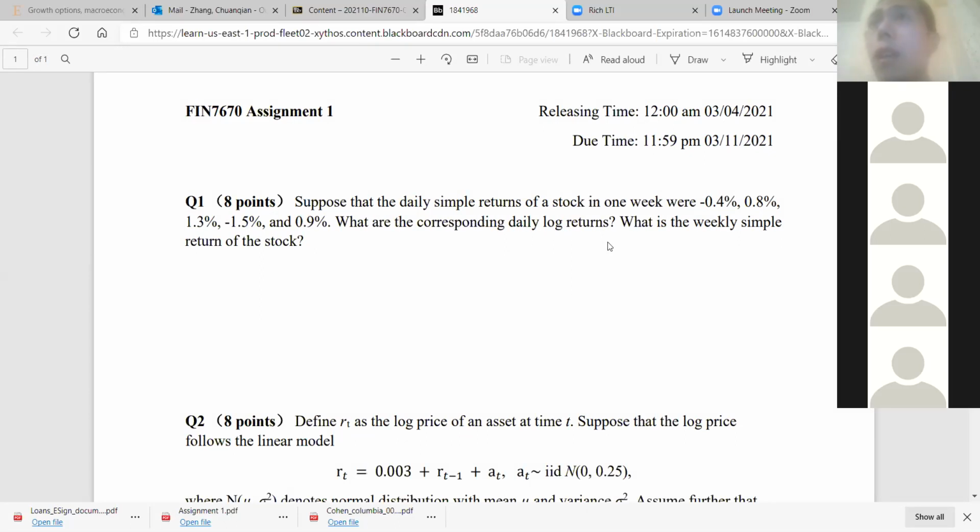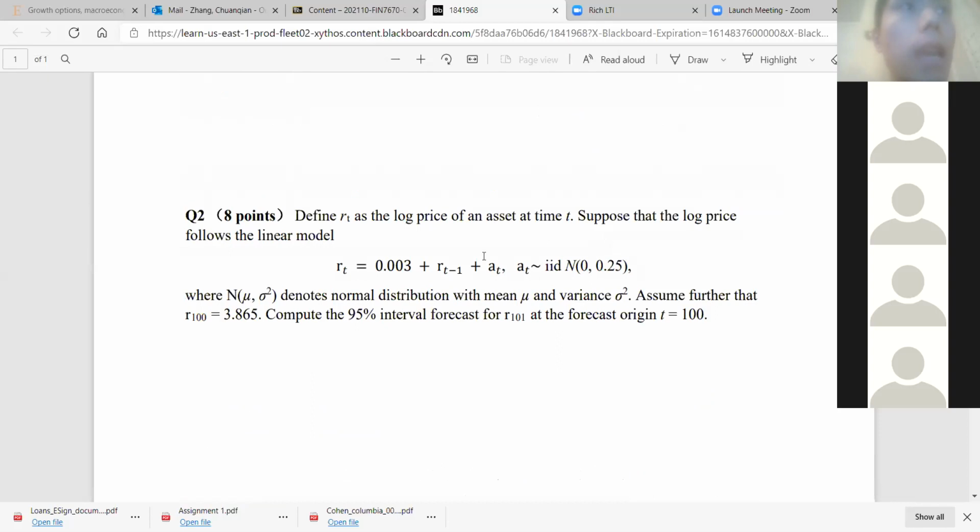Just follow their steps. The second question just simply uses the autoregressive model, order one. That means I give you the equation. I want you to forecast, for example, the returns based upon yesterday's returns. That's only order one, the lagged.